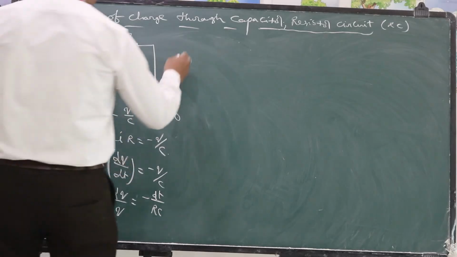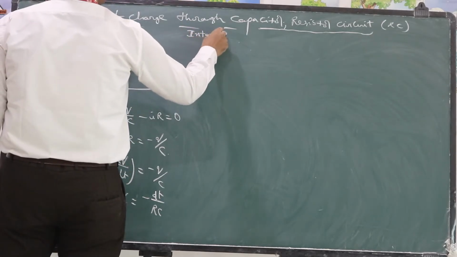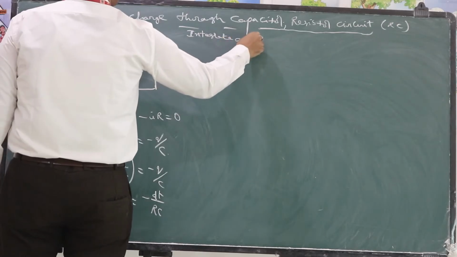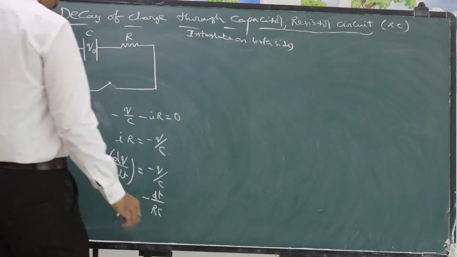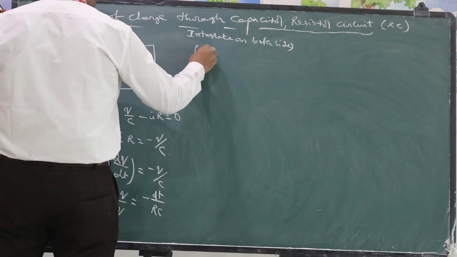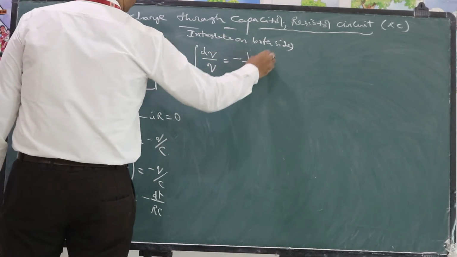Integrate on both sides. So when you integrate, the integral of dQ by Q is equal to minus 1 by RC, which is constant, times the integral of dt.